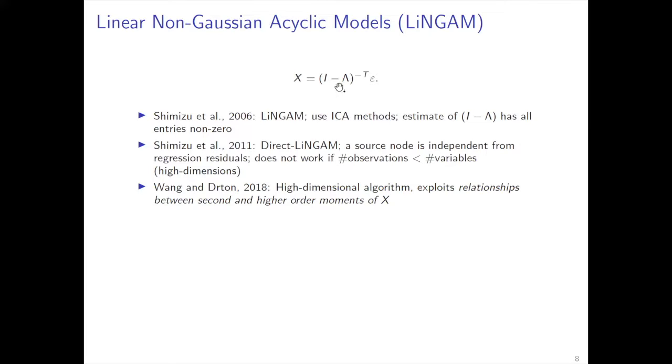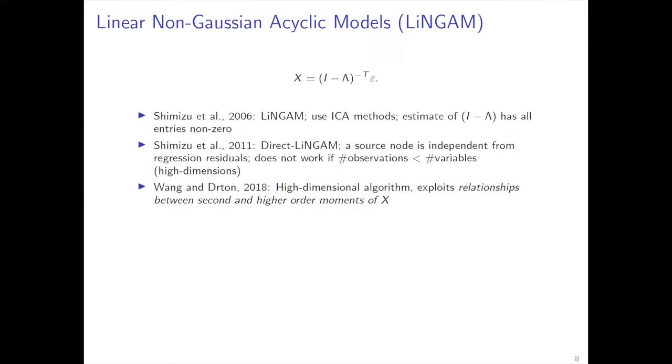They realized this in 2006, and ever since then there have been many papers on the topic. In fact, Shimizu has a book about this subject, and people have tried many different methods. One of the most successful and recent ones is this one, where they don't use ICA. ICA has some issues with convergence.